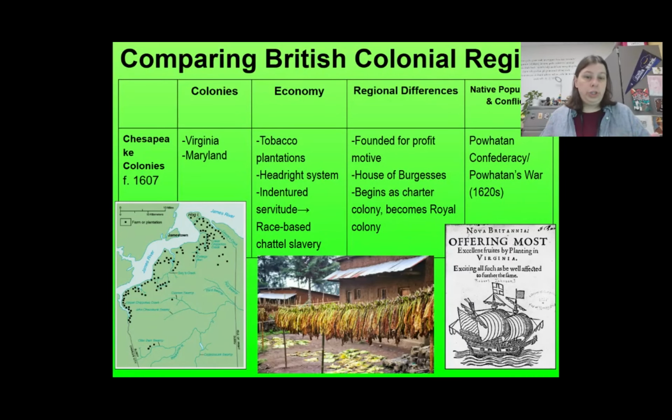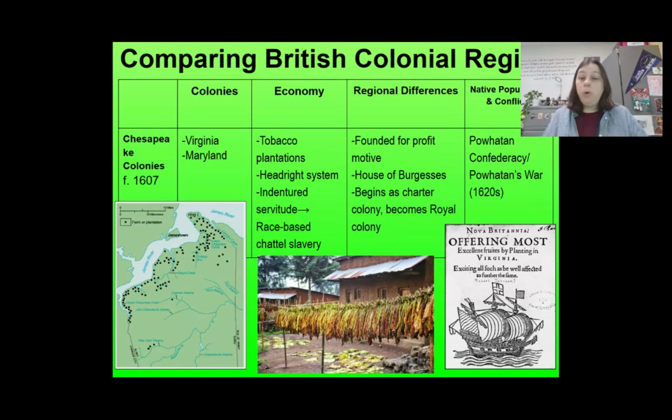Okay, so the Chesapeake. Chesapeake, again, is where our first colonization happens, and Virginia is our most central colony here, which starts out as the settlement of Jamestown and then grows into the Virginia colony. Virginia, unlike New England that we were just talking about, is not settled by families, but is instead settled largely by single men, right? If you remember in class, we talked a little bit about the whole younger sons thing, right?